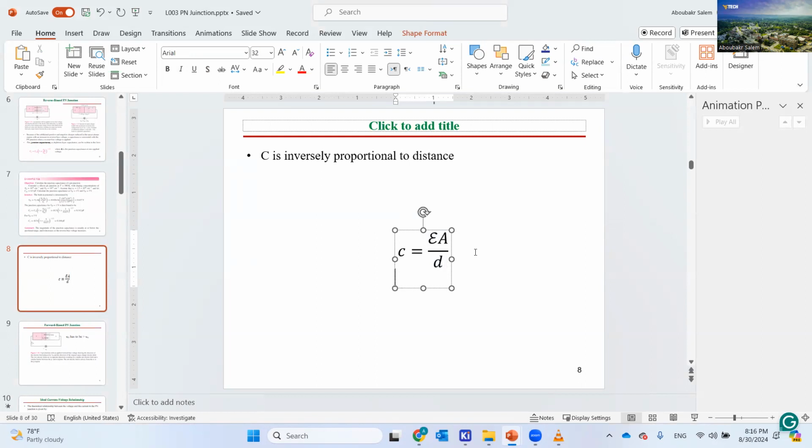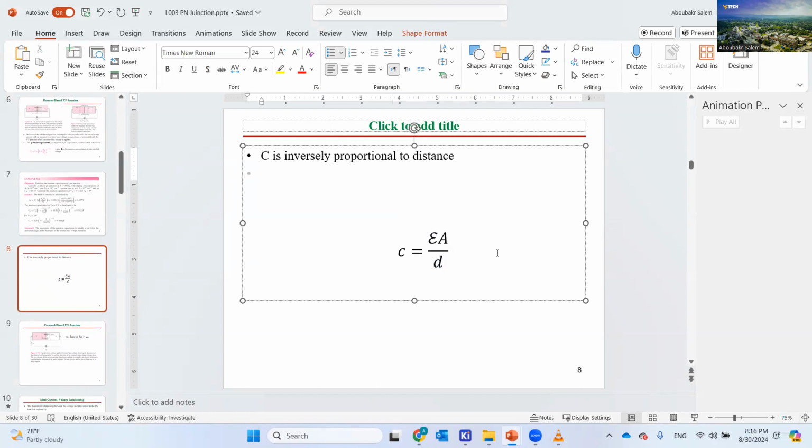So what happens in the case of reverse biasing is that the width of the depletion region is increased. Once D is increasing, this means C will be decreasing.